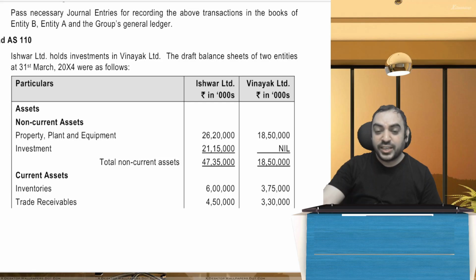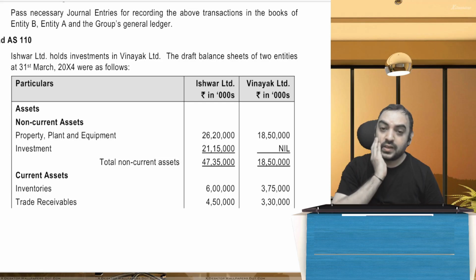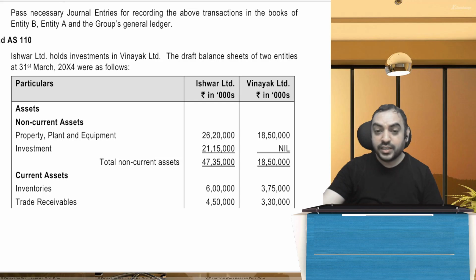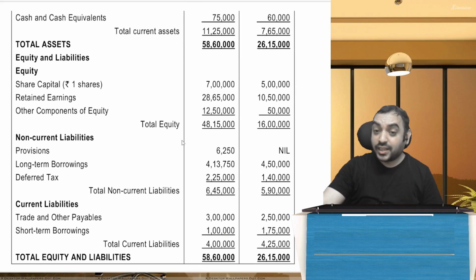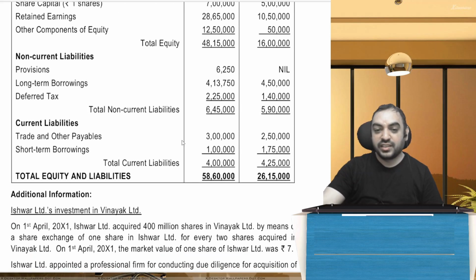Ishwar Limited holds investments in Vinayak Limited. The draft balance sheet of the two entities on the 31st March 2004 were as follows. Assets: property and equipment, investments, inventories, trade receivables, then cash and cash equivalents, share capital, retained earnings, other components of equity, provisions, long-term borrowings, deferred tax, trade and other payables, short-term borrowings.